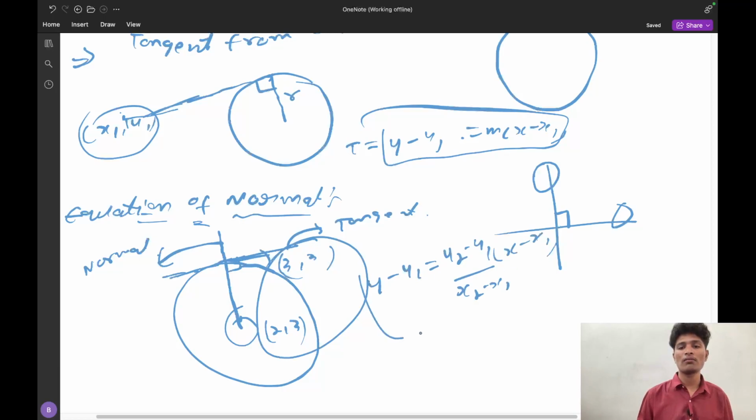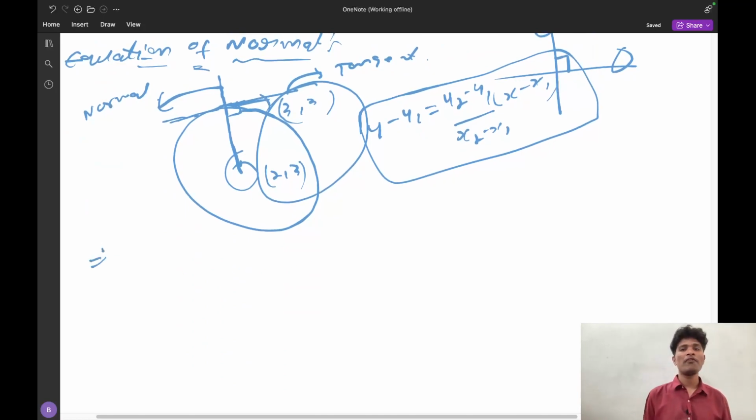If you solve this equation, you will get the equation of normal. In the case of circle, the normal is a perpendicular of tangent at the point of contact, but the normal always passes through the center. This is the one short trick you can think of: if the tangent is given and the slope is given and the center is given, you can directly find the answer. Yes.